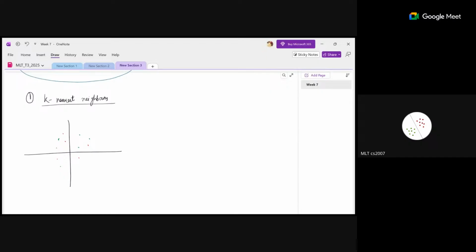Now, let's say I am given an X test. Suppose my X test is here. If I'm given an X test, I want to know what is the prediction for X test.